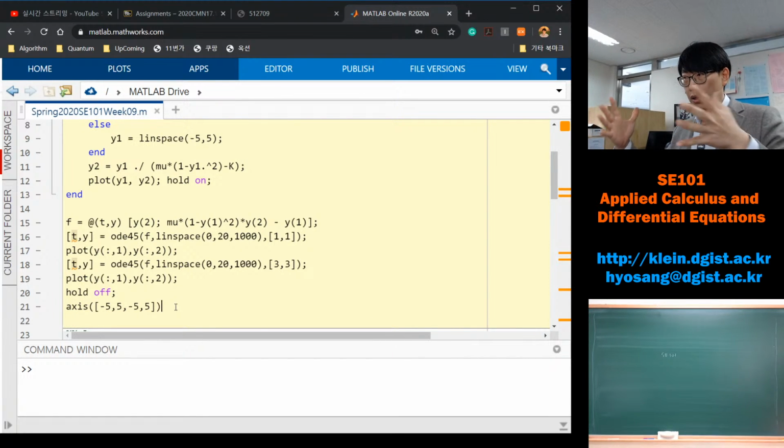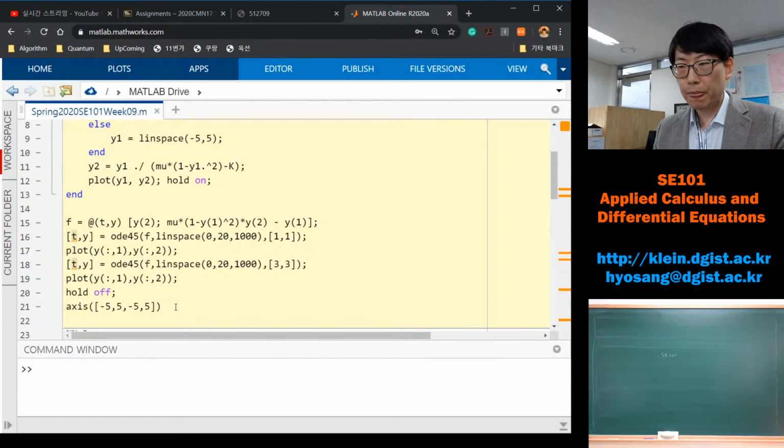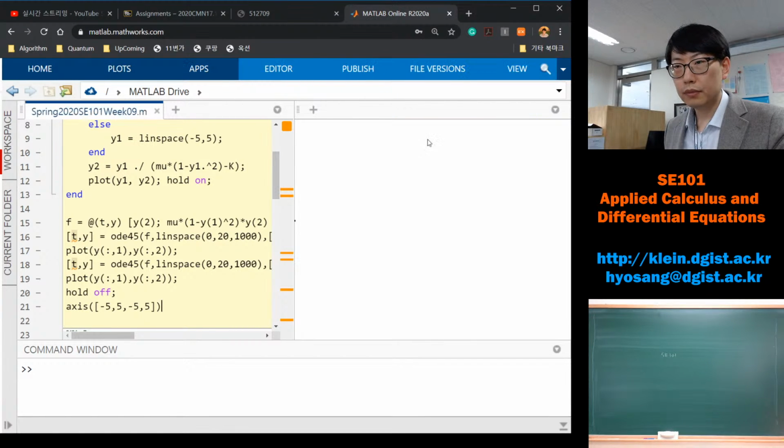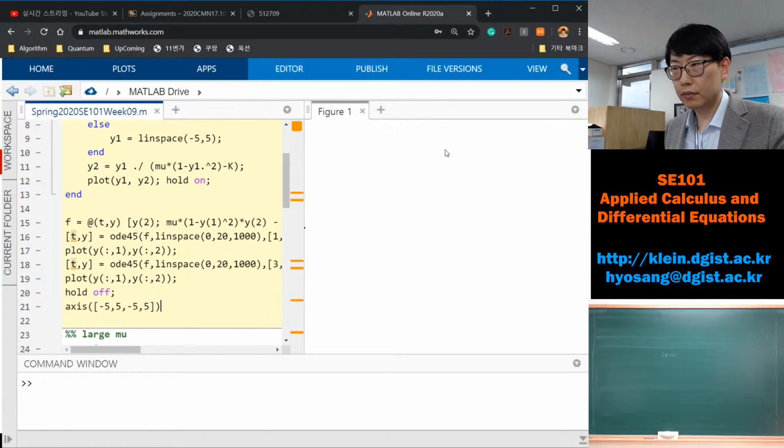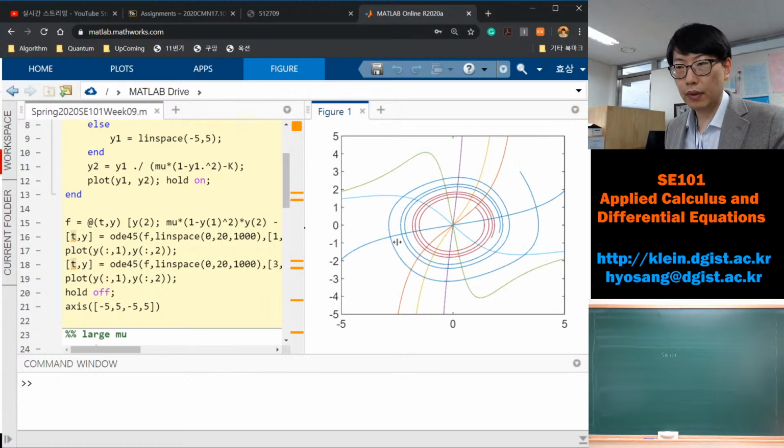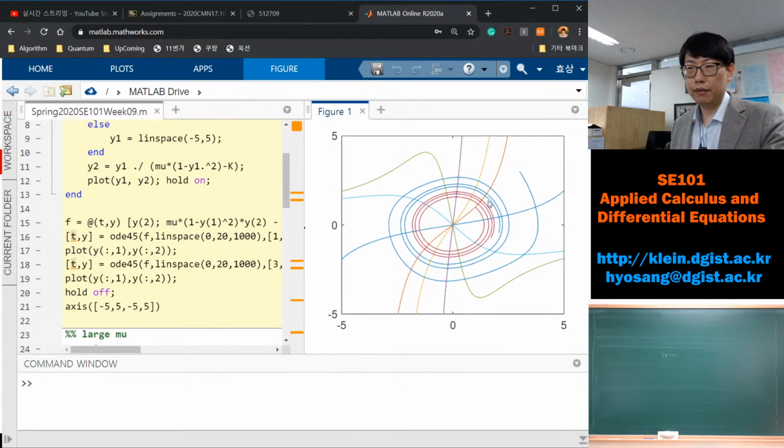I set my figure axis to be -5 to 5, and same for the y-axis. So when I draw this, this is the graph.